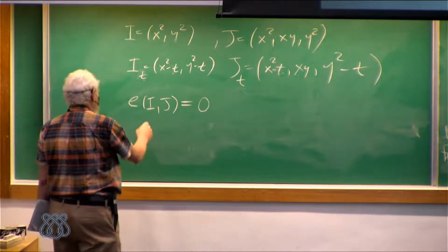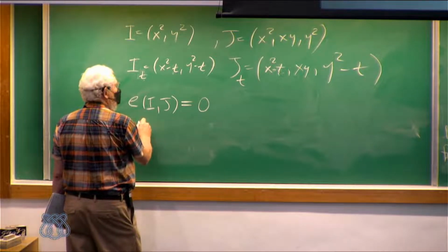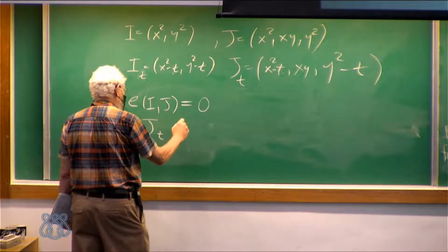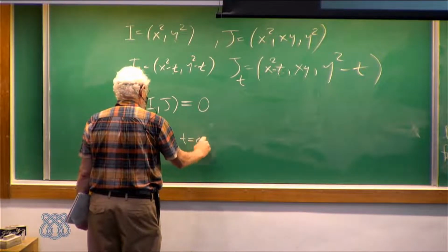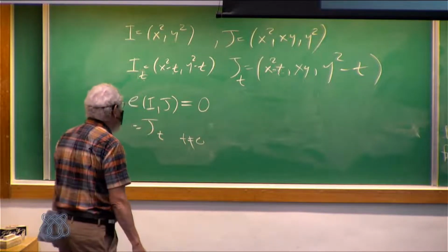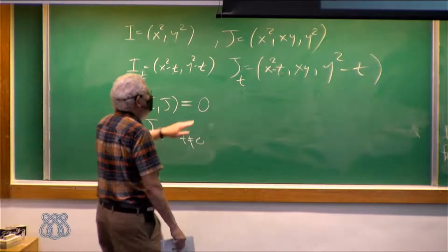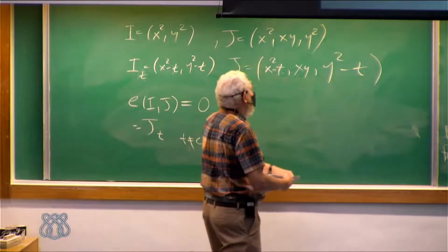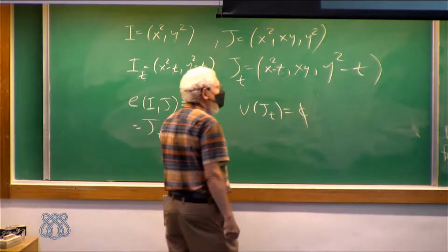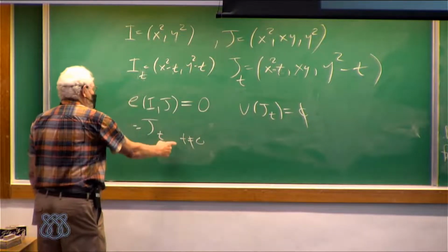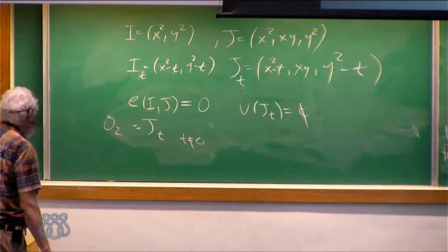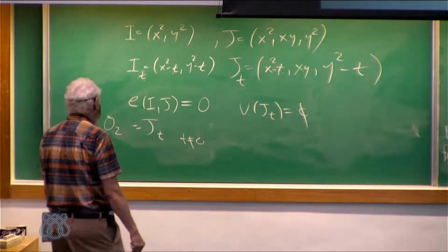Well, how about what happens with J_t when t is not equal to 0? What does this equal? Well, we see that if t is not 0, then V(J_t) is empty. There are no points. So in fact, if t is not equal to 0, J_t is just equal to O2. Okay, that's good.